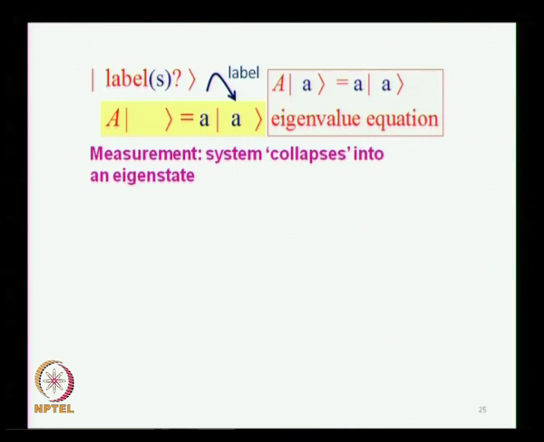So, you have to have a one-to-one connection in your mind between the experiment which is being done and the corresponding quantum mechanical simulation. So, do not separate experiment and theory in your mind, it is exactly that. They are completely synonymous in this description. The system collapses into an eigenstate.